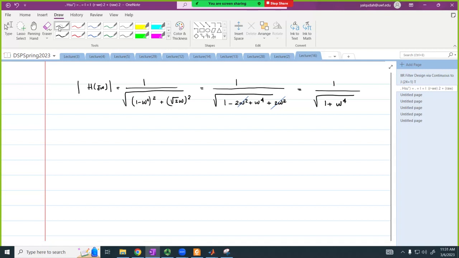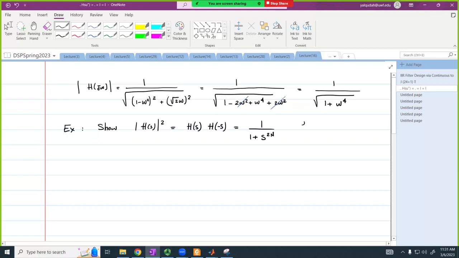Okay, let's do another example and then we'll move on. Let's show that the magnitude of H(s) squared equals H(s) multiplied by H(-s), which is equal to 1 over 1 plus s to the power of 2n, for n equal to 2.